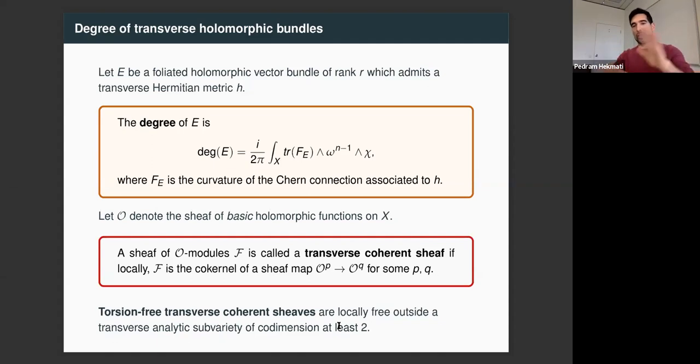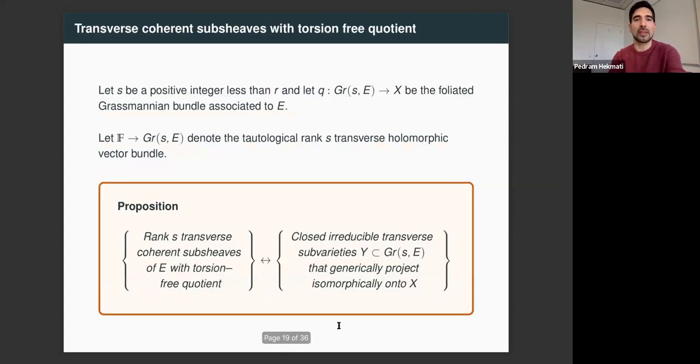Of course, everything is not transverse, so this holds in the transverse direction, and we have no condition in the leaf direction, but we're working basically transversally. So maybe we won't go into the exact definition of what it means to be a transverse analytic subvariety. It means that locally it's a zero locus of finitely many basic holomorphic functions. So let's leave it at that.